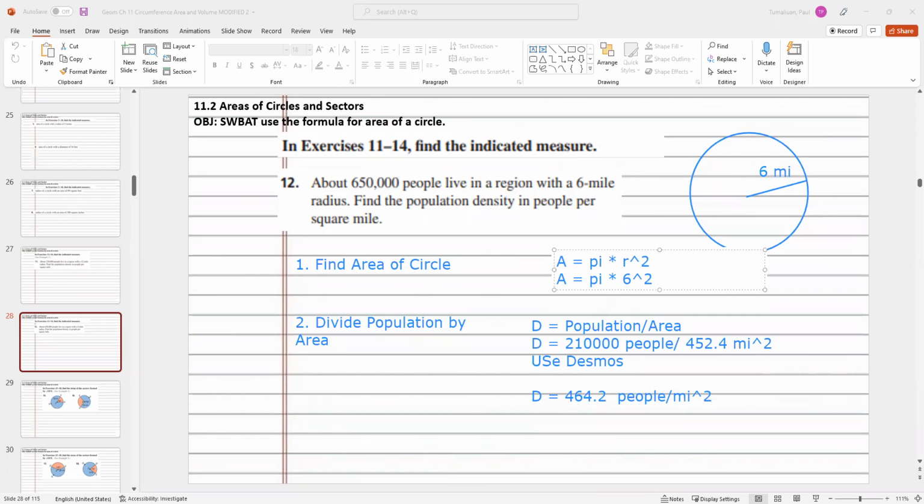So we have pi times 6 squared, it's 113.1 miles squared.